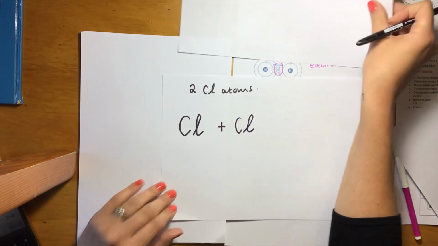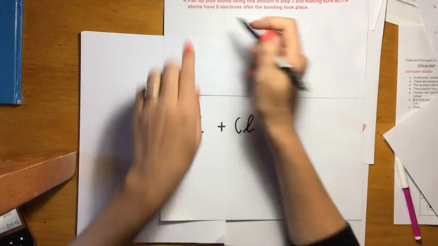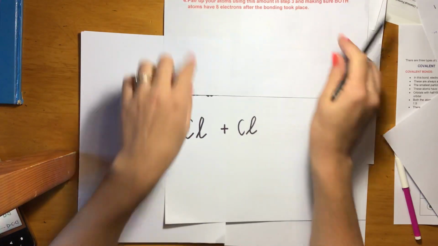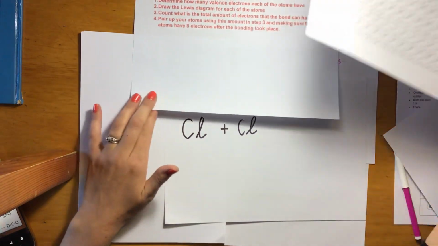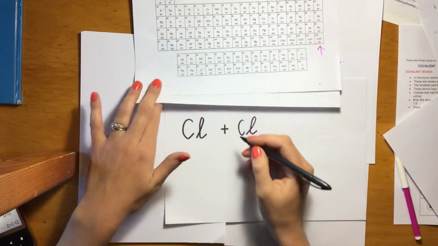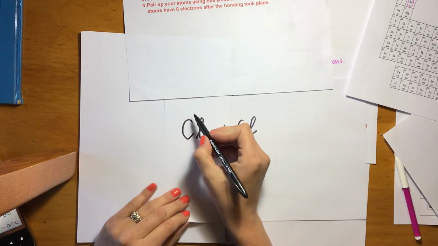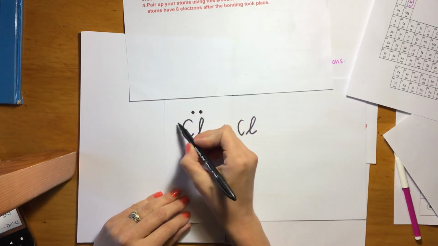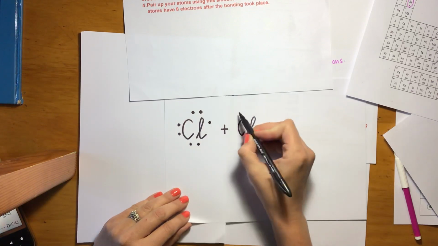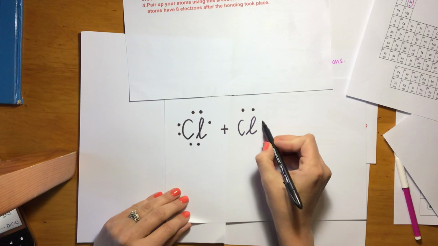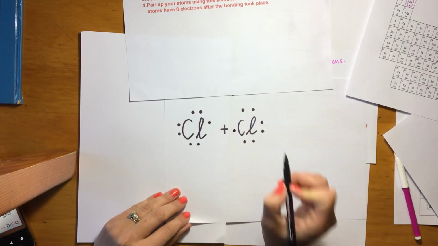My first step to determine how to draw this bond is to determine how many valence electrons each of the atoms have. We did that, so we determined that chlorine has 7 valence electrons. So draw your 7 valence electrons: 1, 2, 3, 4, 5, 6, 7. And 1, 2, 3, 4, 5, 6, 7.